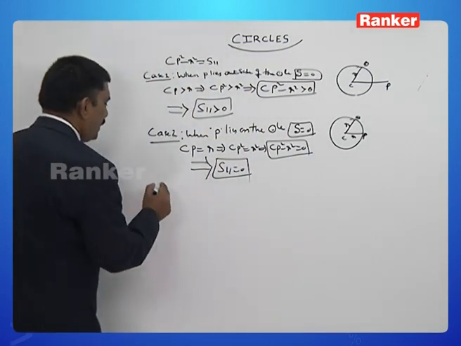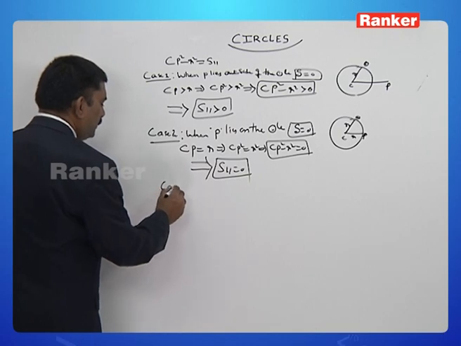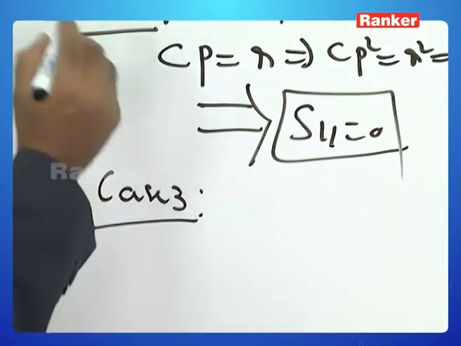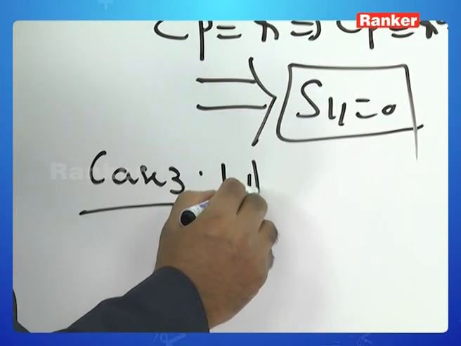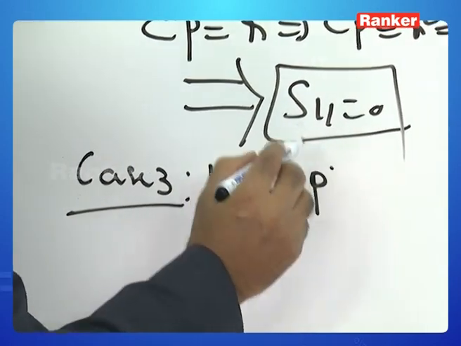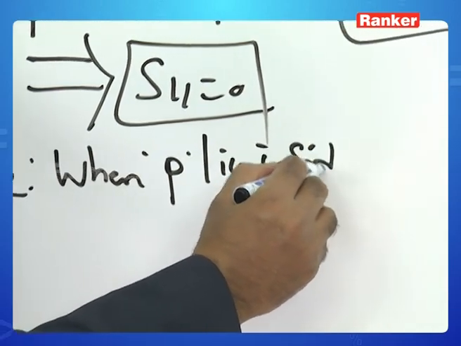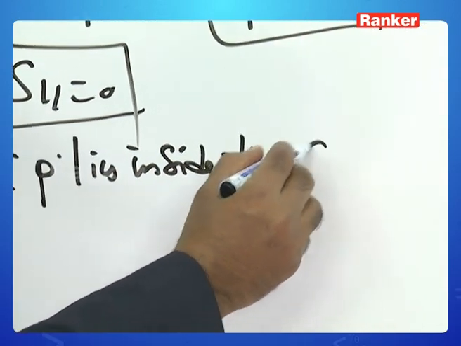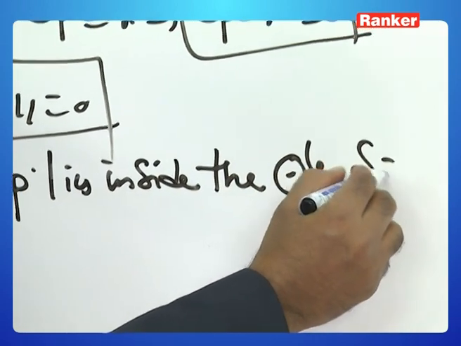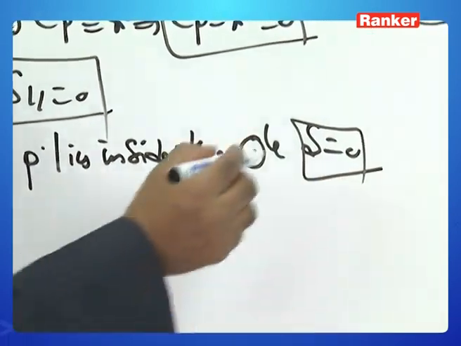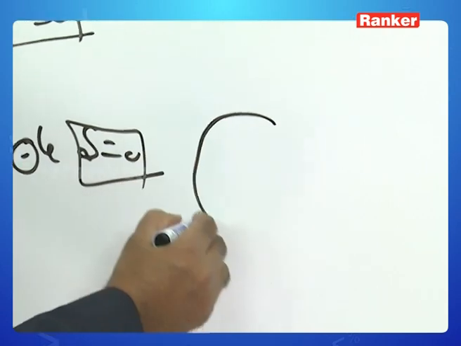Now I go to case 3. Case 3 is when P lies inside the circle, S is equal to 0. Now I go for this figure.